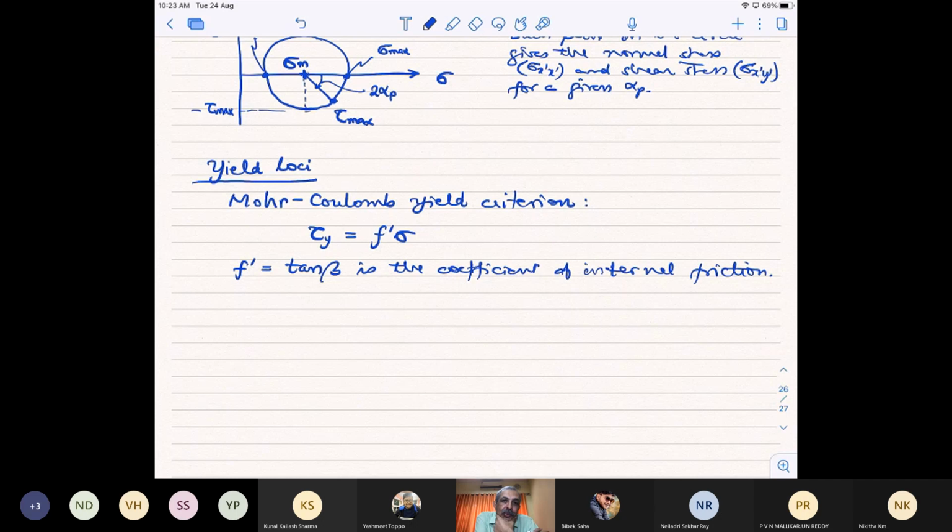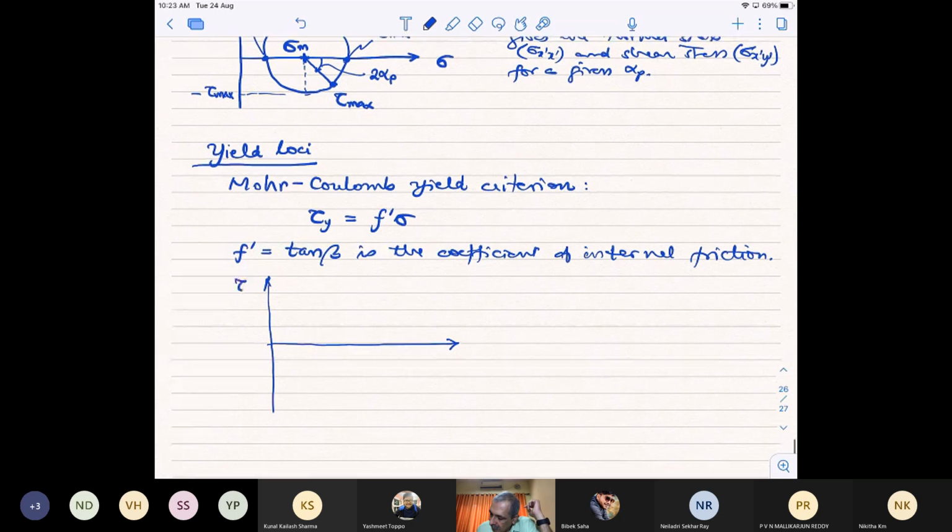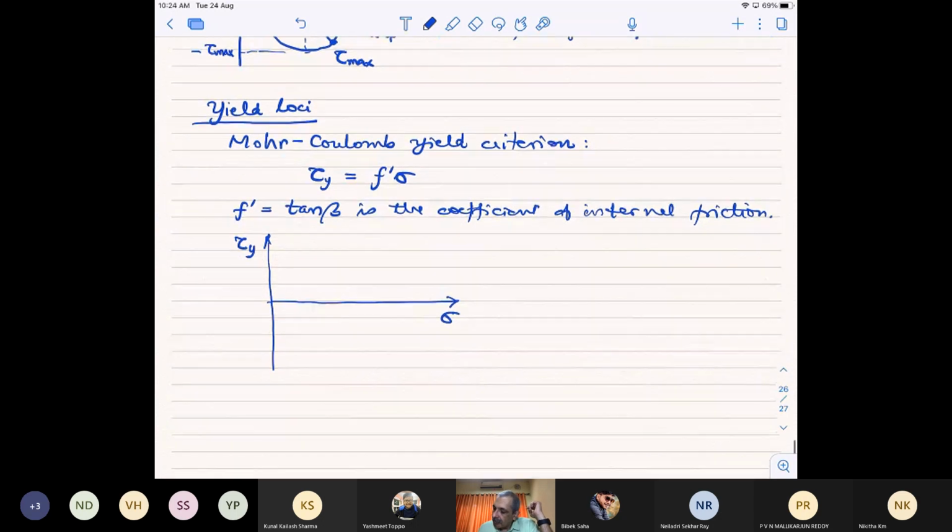So now we have two things, because if we plot this on the same sort of axes, tau y versus sigma, then this essentially gives us a straight line.